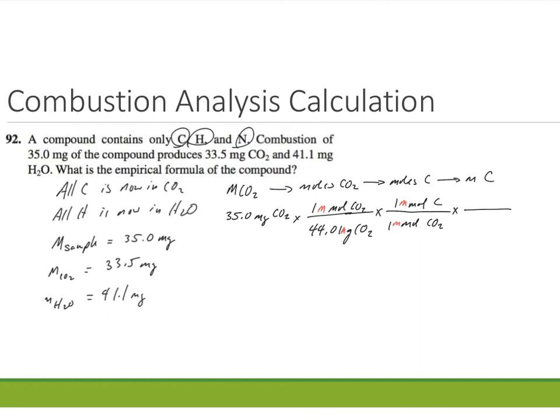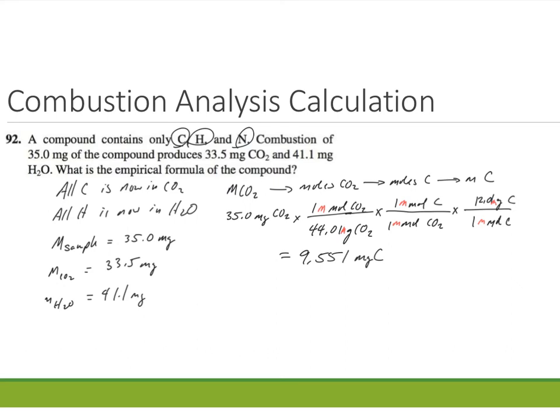So what I'm going to do is 1 mole of carbon weighs 12.01 grams of carbon, but if I put my millis in front there, I am left with the correct units. And I get that the sample contains 9.551 milligrams of carbon.